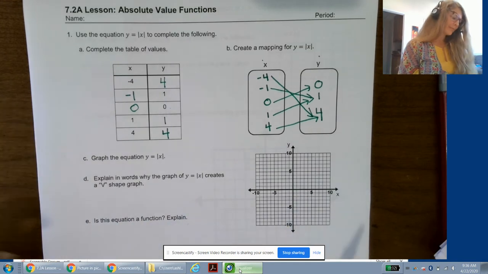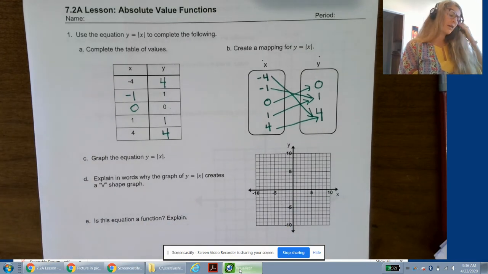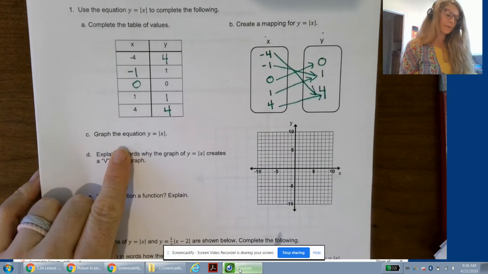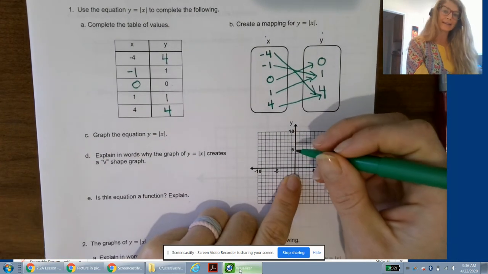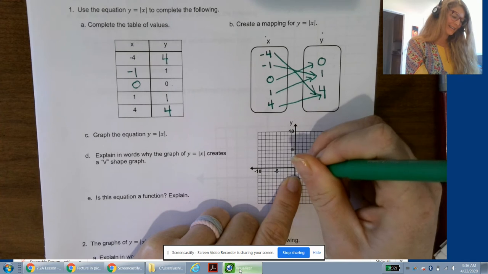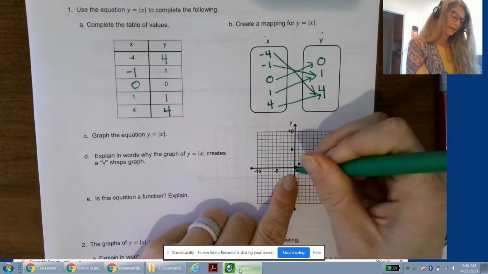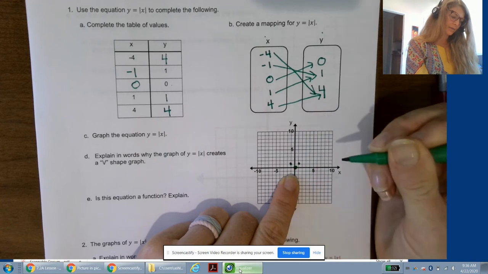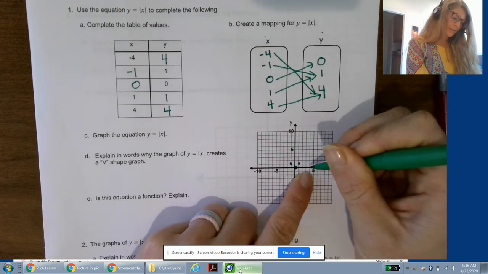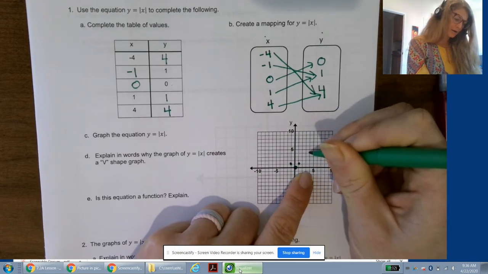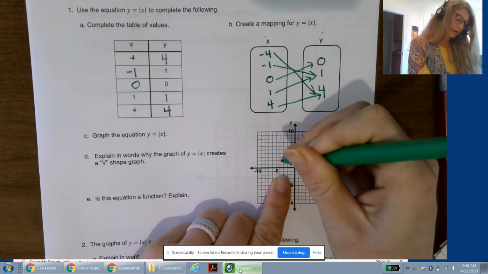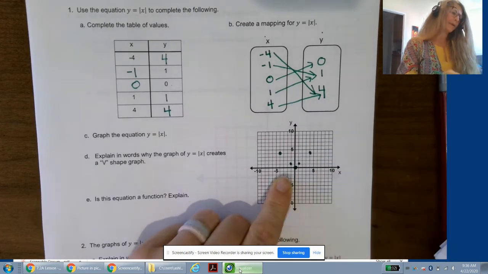Okay, so from here, we're going to graph this equation now. So we have our vertex at 0, 0. And then 1 goes to 1, -1 also goes to 1. And then we went all the way to 4, 4, and -4, 4.